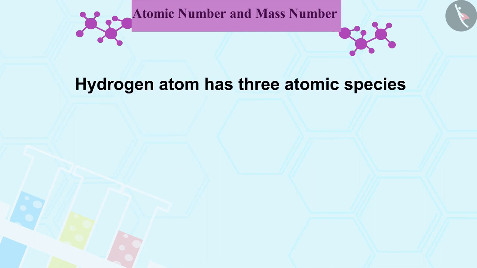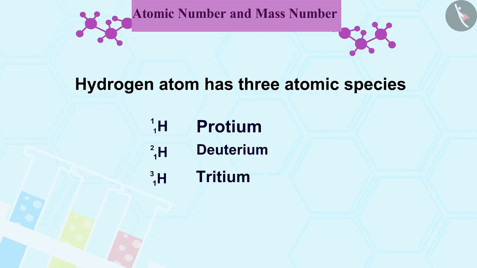For example, take the case of hydrogen atom. It has 3 atomic species: protium, deuterium, tritium. They all have the same atomic number, but the mass numbers are 1, 2, and 3 respectively.